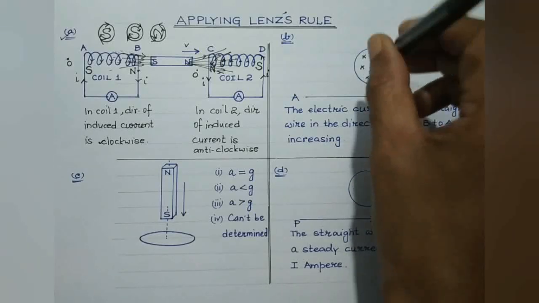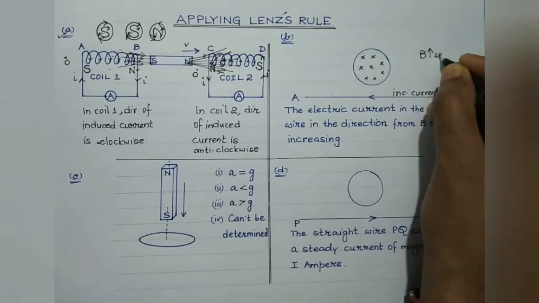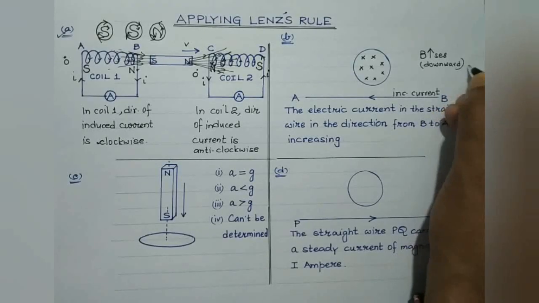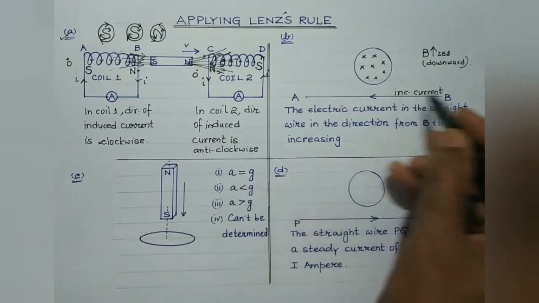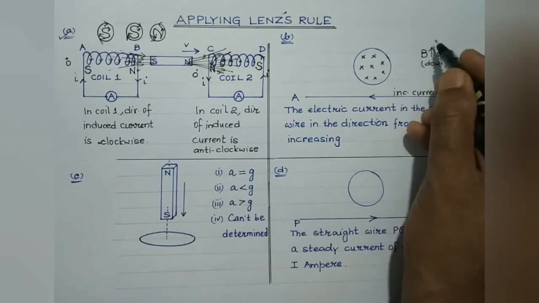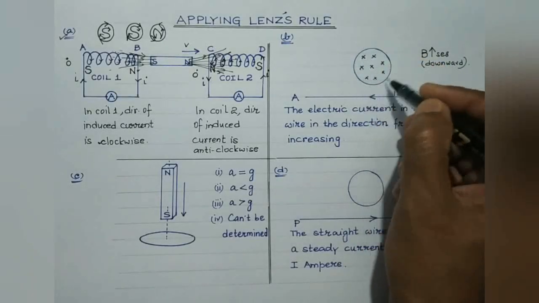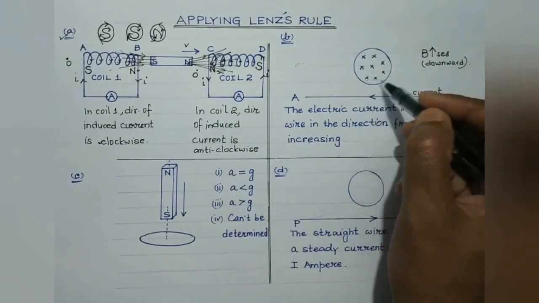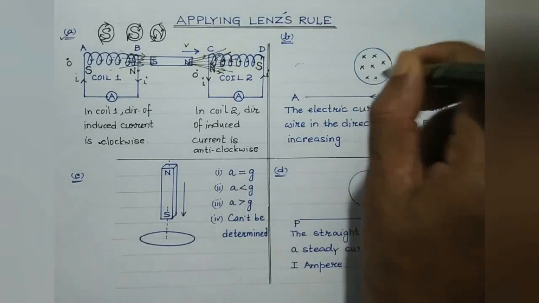So the magnetic field in the downward direction increases, due to this increasing current flowing through the straight conductor in the direction from B to A. Now students, look, due to this change in the magnetic flux linked with this coil, an induced current will get produced, and as per Lenz's rule, the direction of the induced current must be such that it opposes the increasing downward magnetic field.